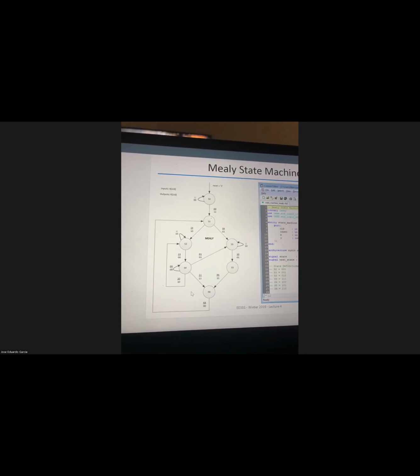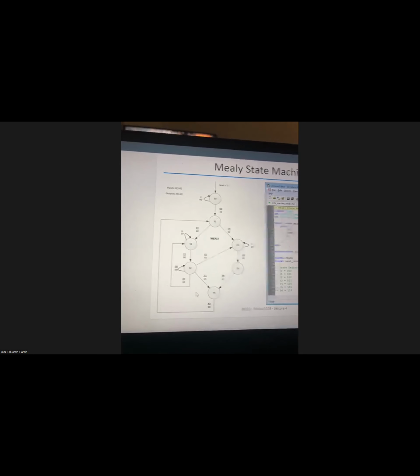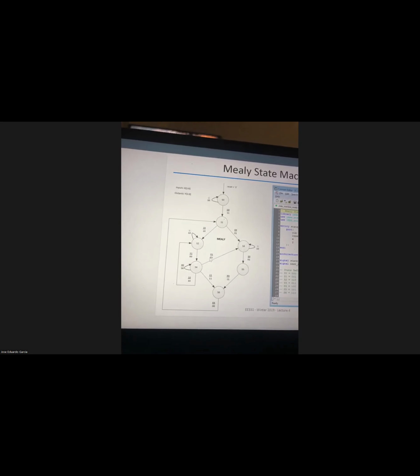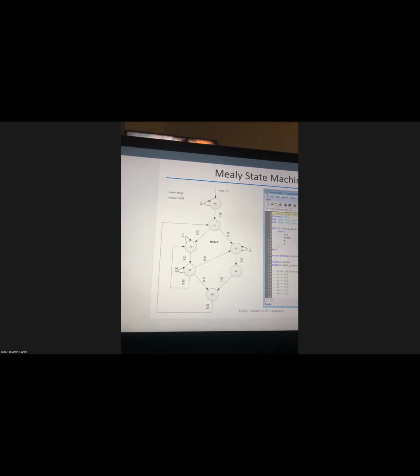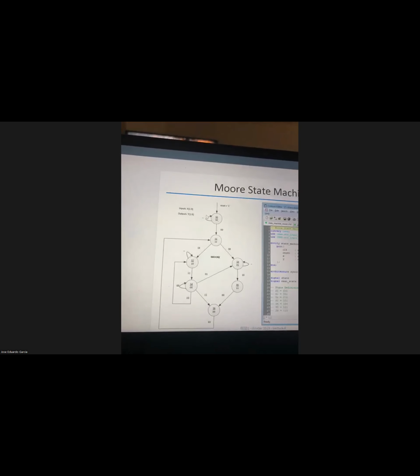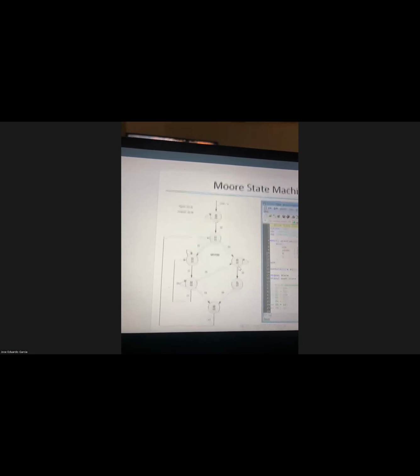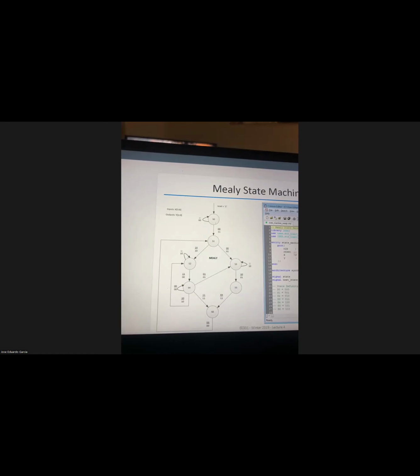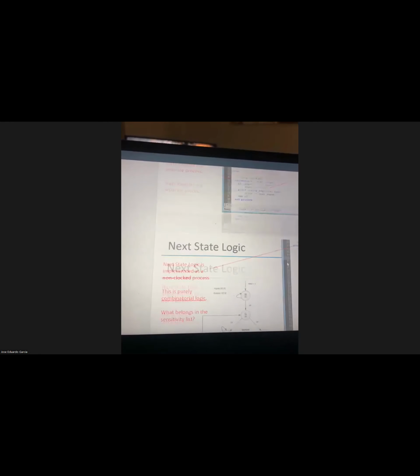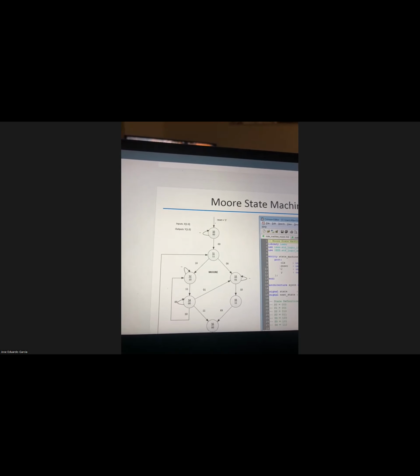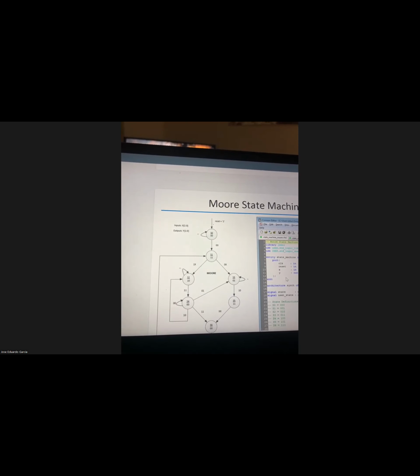I mean, for me, it looks very similar to each other, but the input is X10 and output's Y10.